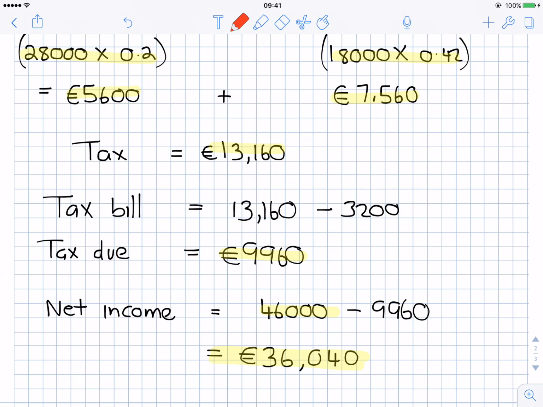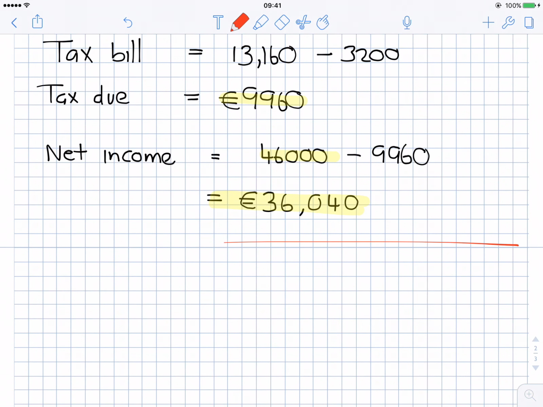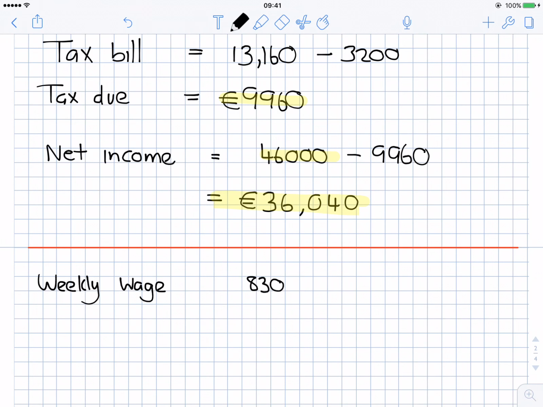So we'll have a look at another example of that. Alright, this is a weekly example now. So John has a weekly wage of €830. His standard rate cut-off point, so the amount where we stop charging the lower rate and start on the higher rate, the standard rate cut-off point for him is €635.